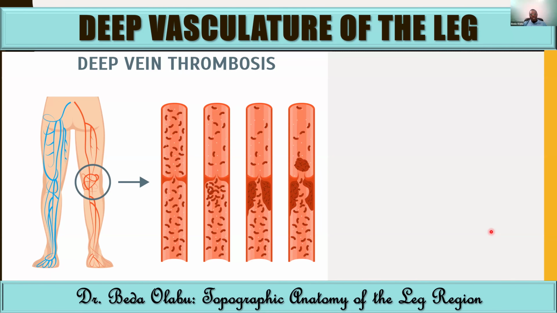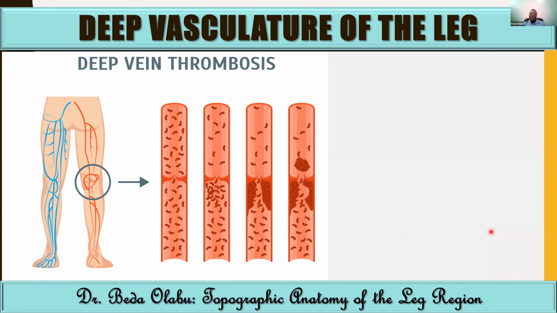For this reason, we usually encourage patients to become as ambulant as possible, as soon as possible, so that they do not stay bedridden for long, because being bedridden will mean that there is a lot of stasis. You are not using your muscles to pump blood back to the heart. You remember what I told you about soleus and gastrocnemius helping to pump blood. So if you're not active, the venous stasis is promoted, and so the blood tends to clot.